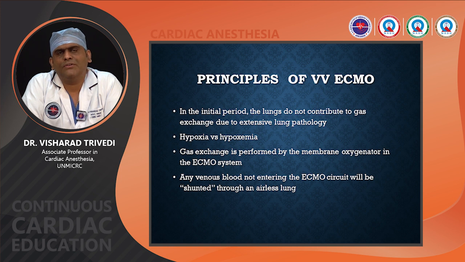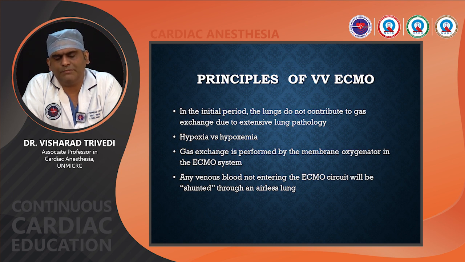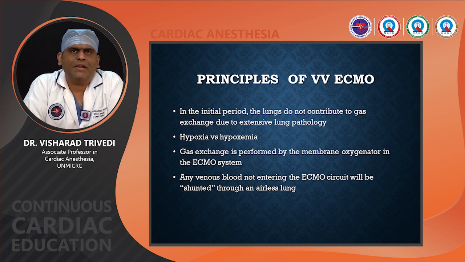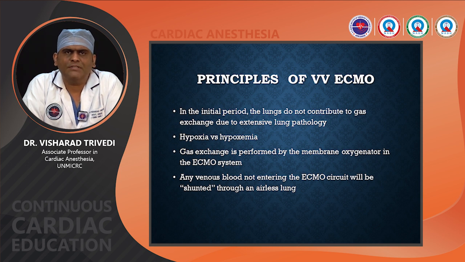So you try to maintain 80-85% saturation with optimal flow and optimal system settings, and then adjust the hemoglobin level accordingly to maintain the oxygen carrying capacity of the blood. Gaseous exchange is performed at the membrane oxygenator right at the time of initiation, and any venous blood that is not entering the ECMO circuit is directly shunted back to the lung.